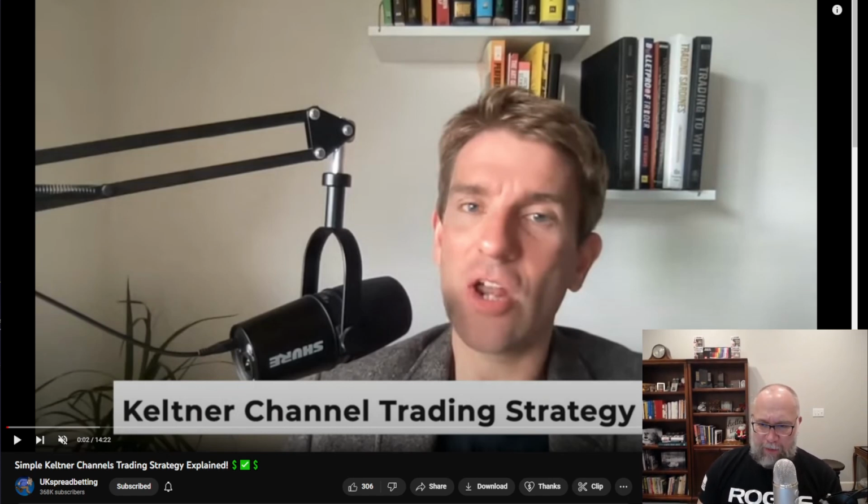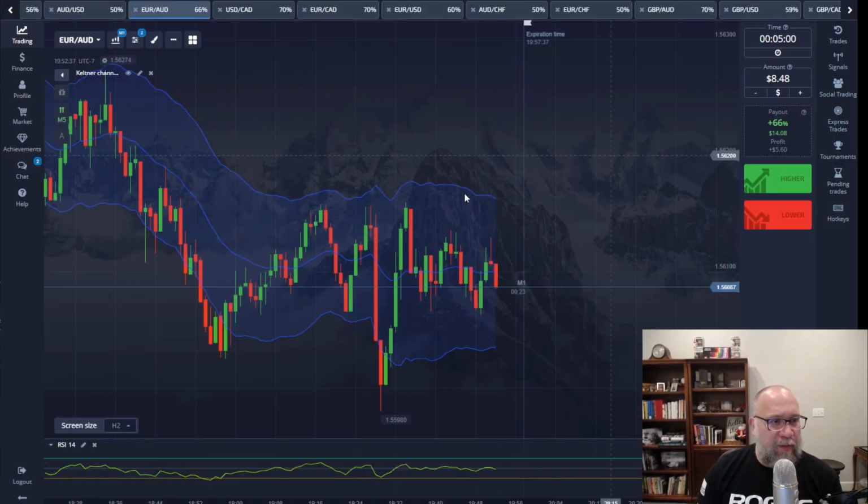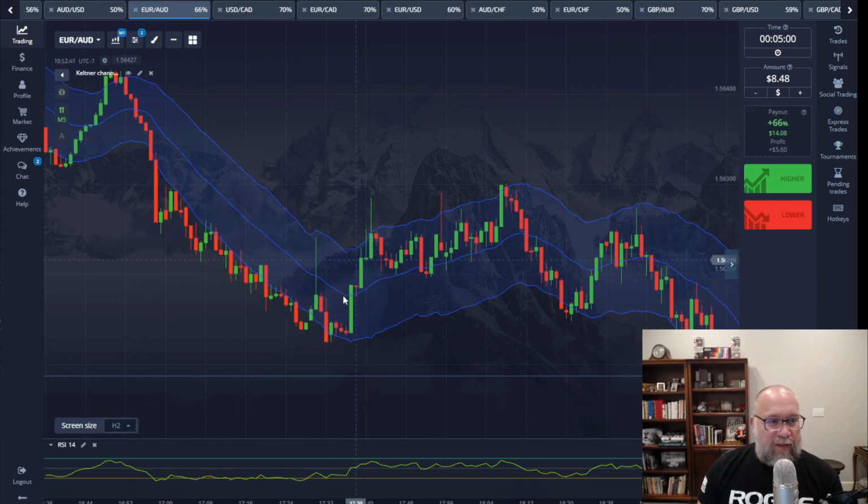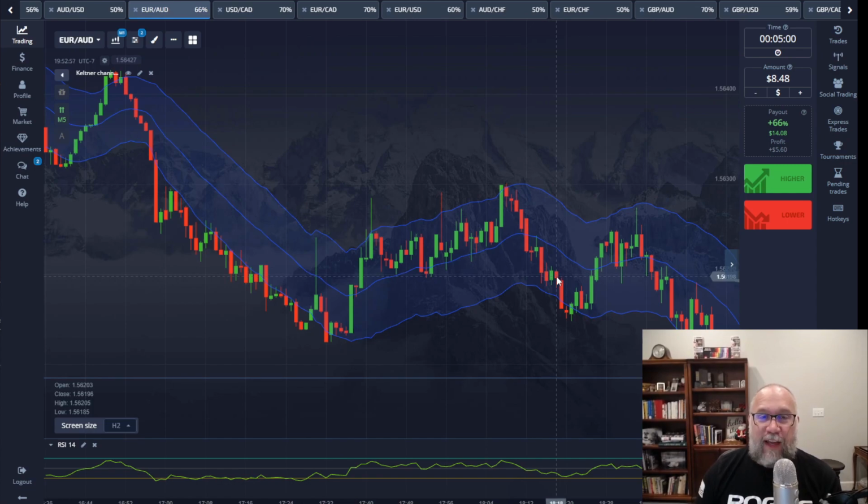Watching his, when it comes outside that band, he was talking a lot about things like when this strikes up here and touches the top of the Keltner curve, a lot of the time it's going to come back and test the mean and then make it back to the top of the curve and either make a breakthrough or not. I need to do a ton more learning to really understand that.